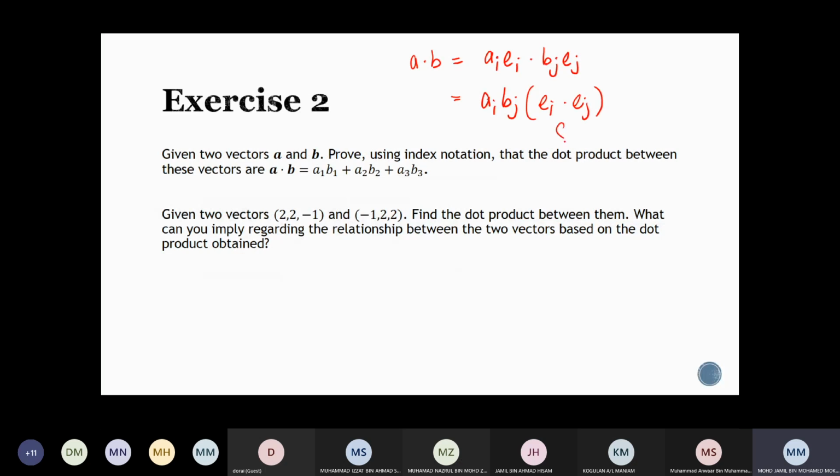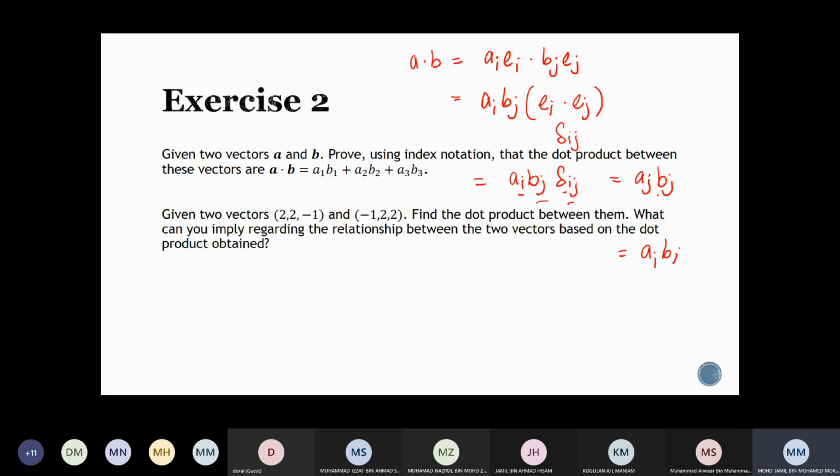So this is the Kronecker delta. So you get A_i B_j times the Kronecker delta. If you take i, you can write A_j B_j, or if you take j, you can write A_i B_i.